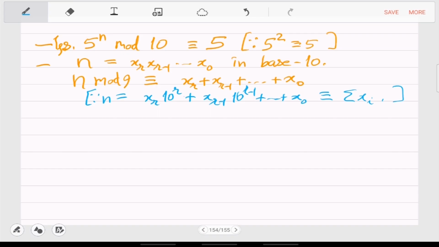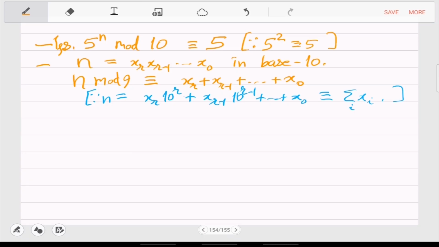Is that clear? Okay. And once you have n mod 9, you also have n mod 3. That's the same argument.